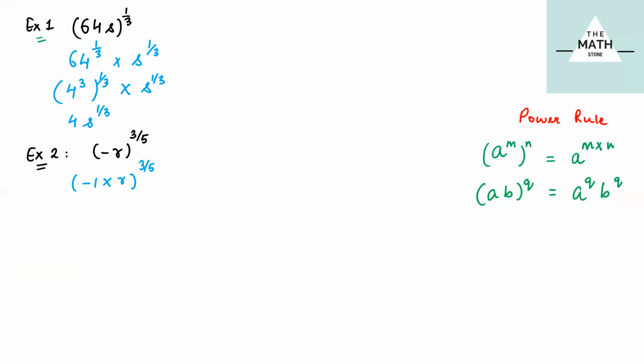So now this exponent 3 over 5 will come on negative 1 and it will also come on r. So you will get negative 1 raised to 3 over 5 times r raised to 3 over 5. So this gives you negative 1 and this gives you r raised to 3 over 5. So the final answer is negative r raised to 3 over 5.